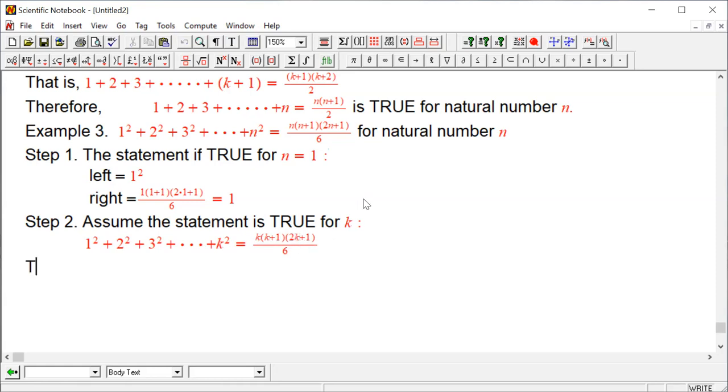And we are going to prove it's true for k plus 1. So when n is replaced by k plus 1, all the n are replaced by k plus 1. So this n is replaced by k plus 1, and this n will be replaced by k plus 1.